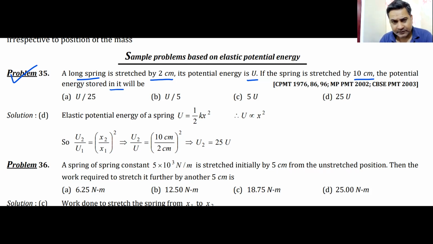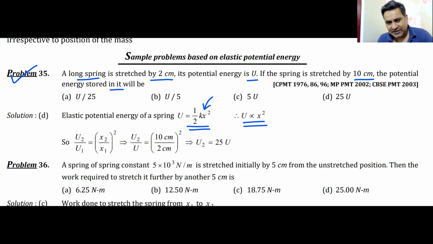It is pretty simple. Spring is same. Spring constant will be same. Energy stored in the spring is half kx squared. Since spring is same, k is same, I can write energy is proportional to x squared.